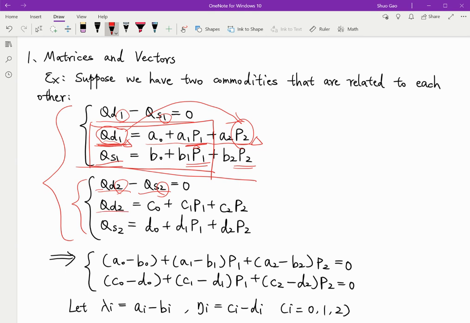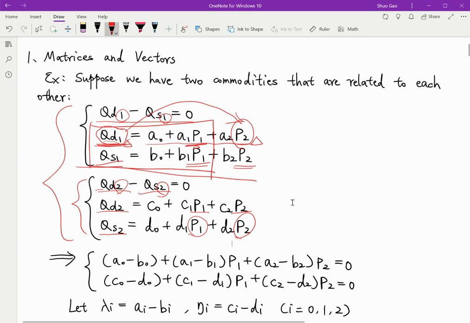And the demand is related to not only P1 but also P2. And the supply is also related to the prices of the first and second commodities. So together we have 6 equations, and we call this a huge system that we need to solve.